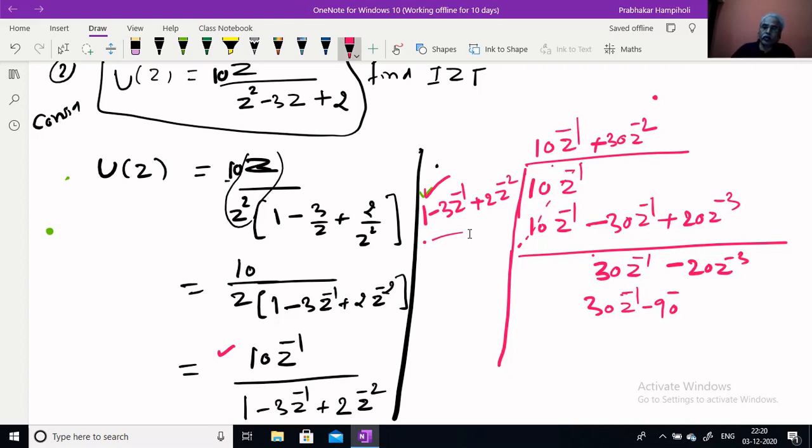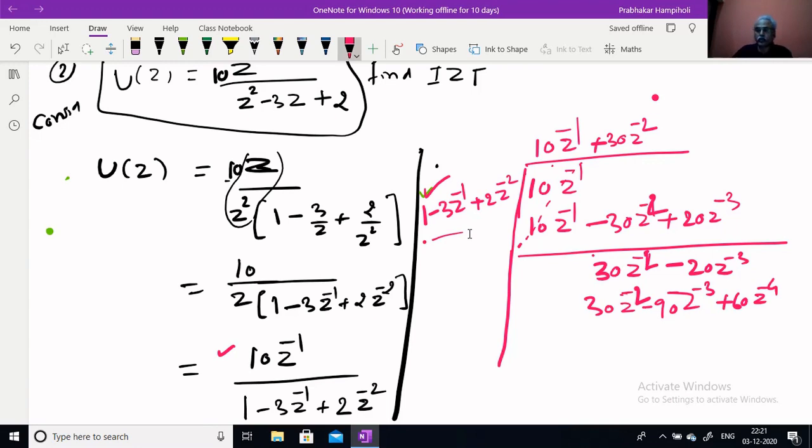Here the coefficient is minus 2, so you are multiplying by minus 2 with 30 times z raised to minus 2. Now it is correct. So when you multiply these, you will get 90 times z raised to minus 3, and when you multiply here, you will get plus 60 times z raised to minus 4.